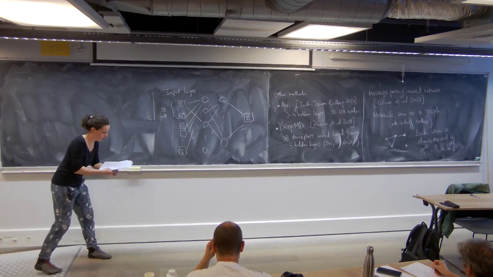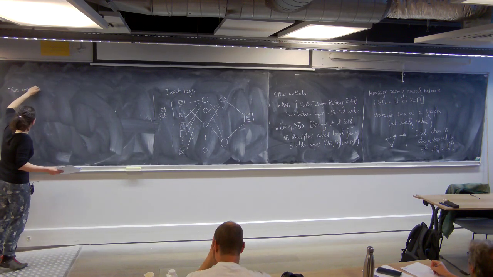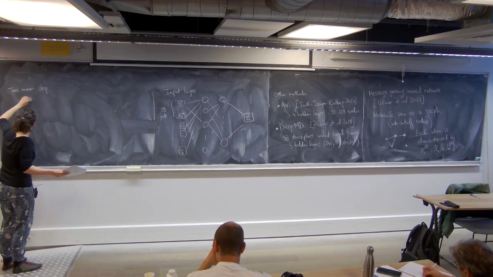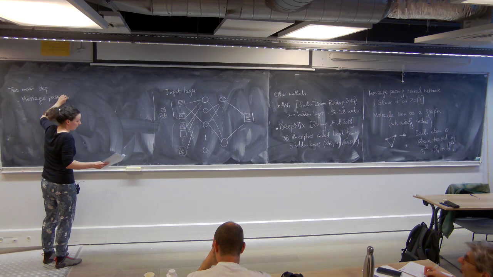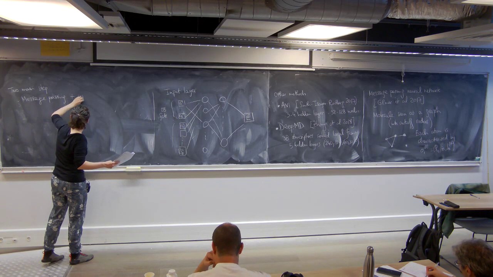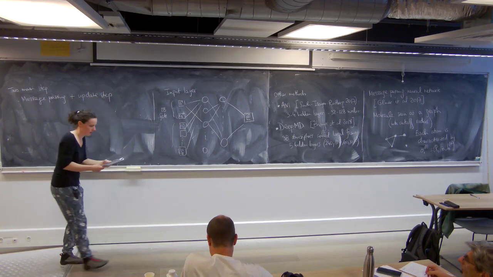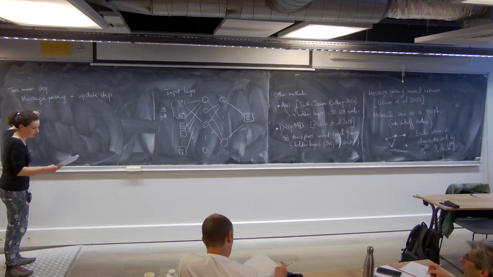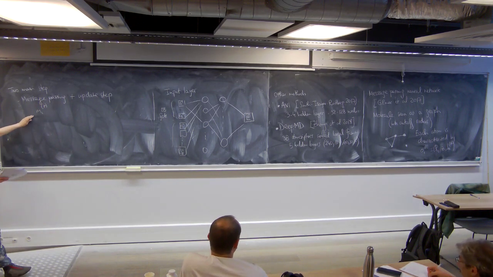Okay, and so there are basically two main steps. There is something called message passing, and then a so-called update step. This gives what happens when we change t. Basically, we construct a message. The message function is called m.